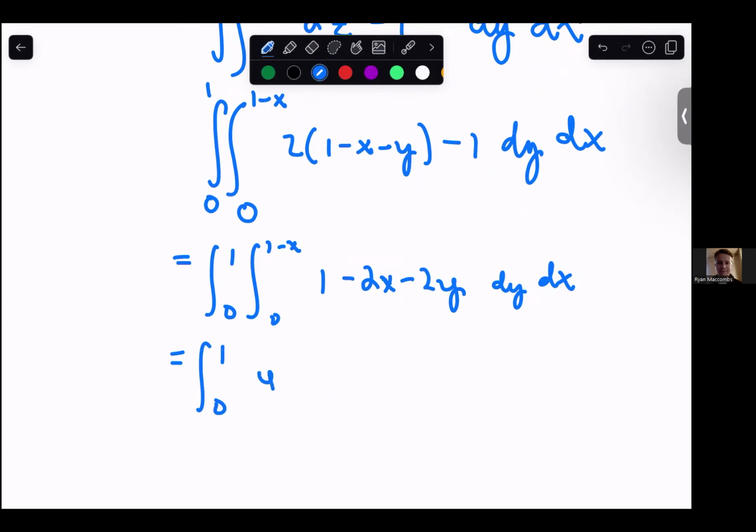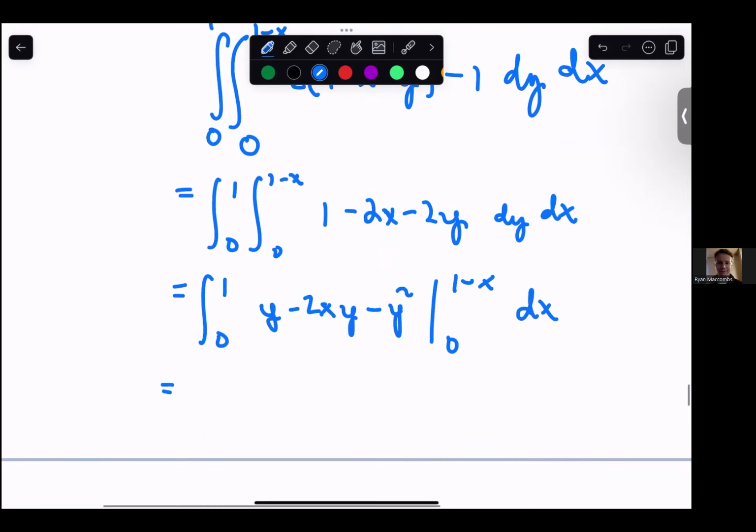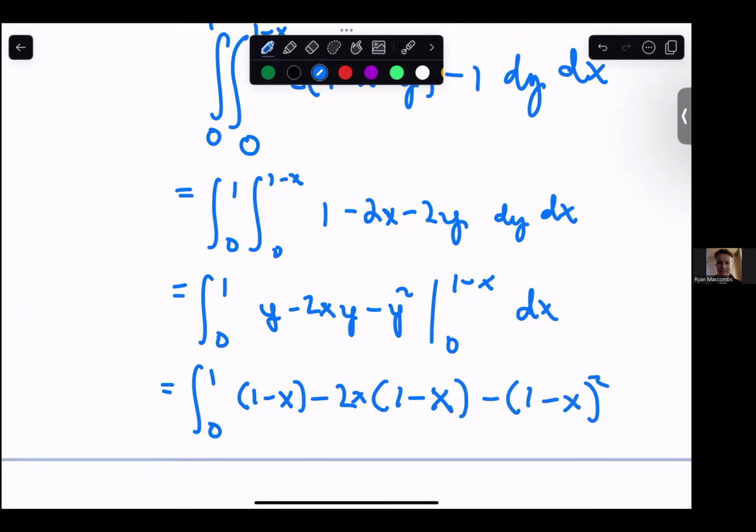I'm going to have y minus 2xy minus y squared. And oops, I need to evaluate that from 0 to 1 minus x. So I'm going to have 1 minus x minus 2x times 1 minus x minus the quantity 1 minus x squared, dx.